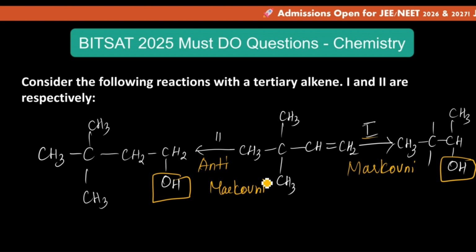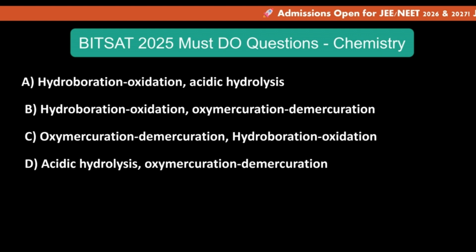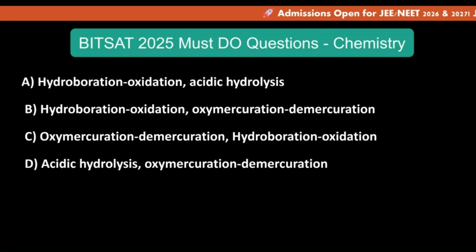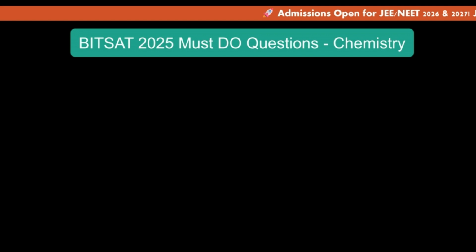So which means oxymercuration, demercuration is giving you Markovnikov, and hydroboration followed by oxidation will give you anti-Markovnikov. So 1 will be our oxymercuration and demercuration, and 2 is hydroboration followed by oxidation.